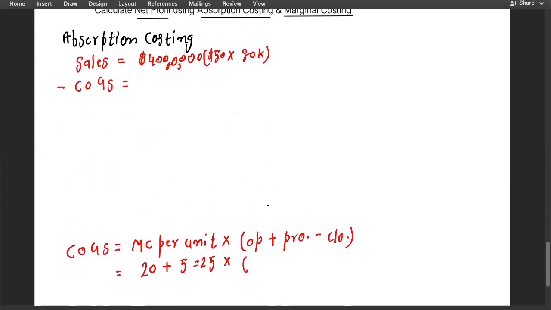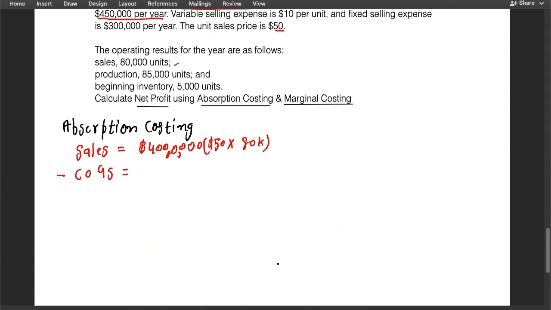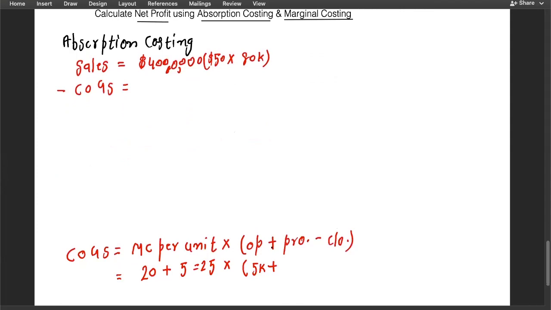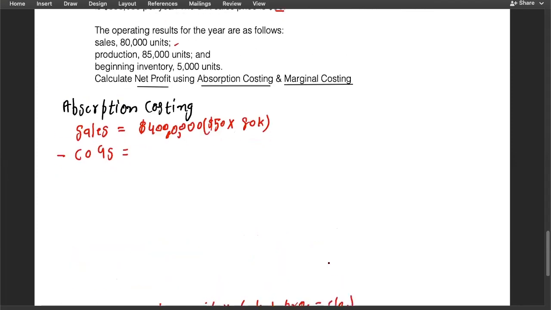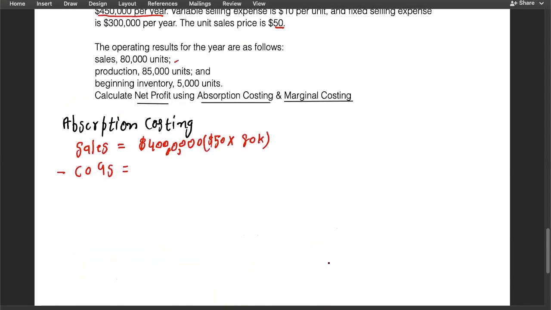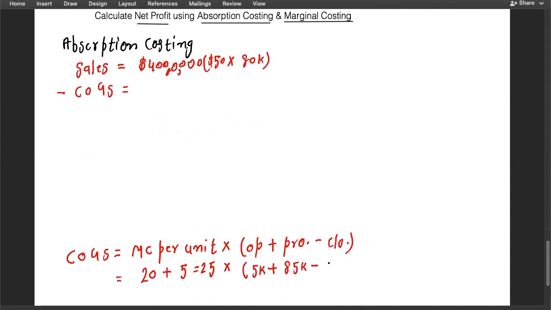So how much is opening inventory? Opening is 5,000. Plus, did we produce anything? How much is production? 85. Yes. Production is 85 minus how much is closing? 10.